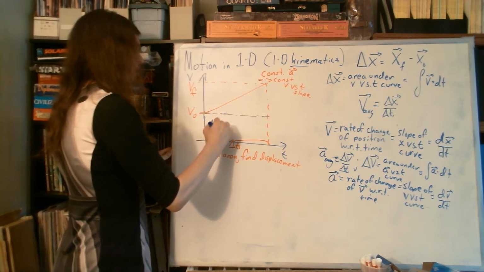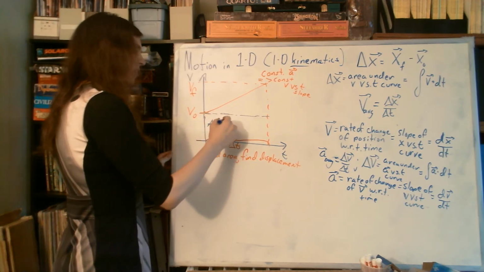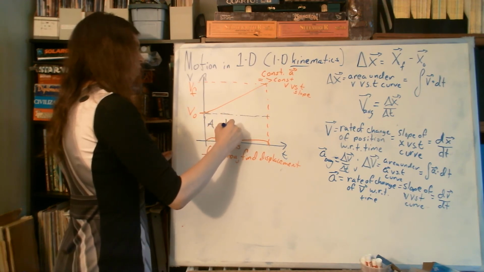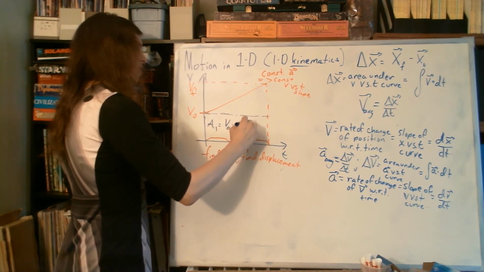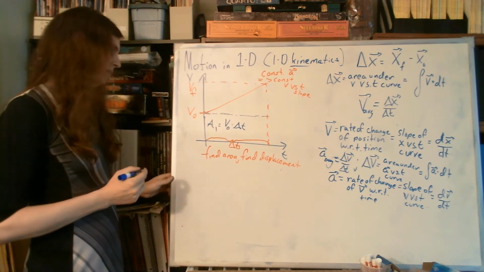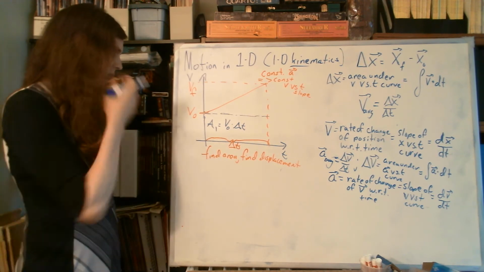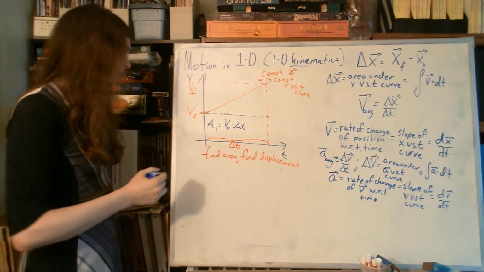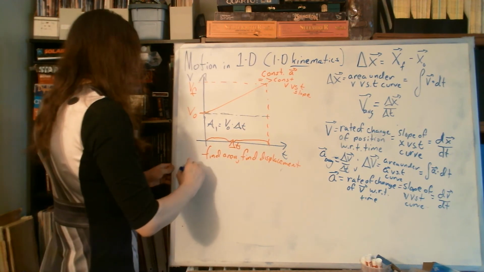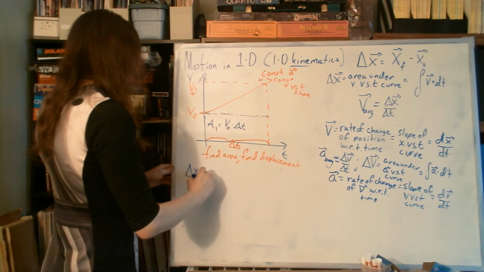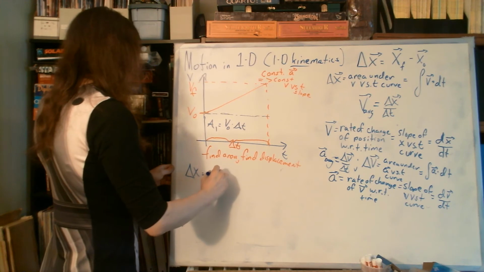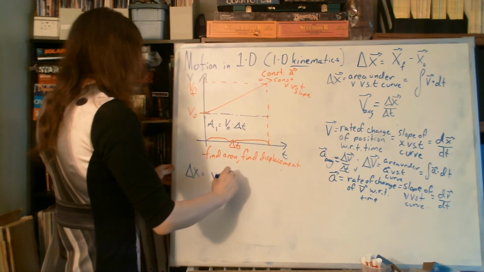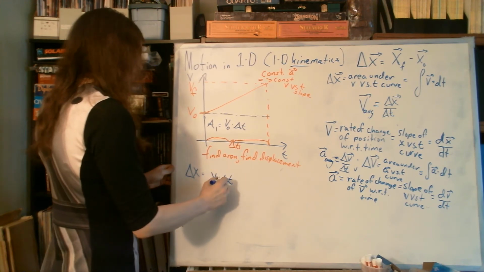I'll call that like A1. And that's just going to be our original speed times the change in time. All right, so our displacement gets to be the original speed times the change in time.